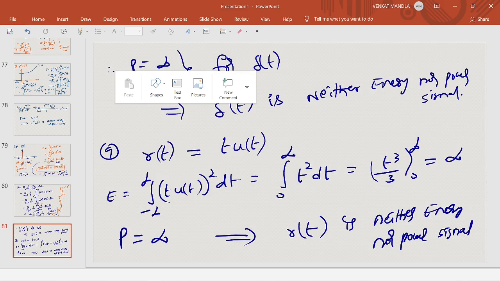I think I have discussed enough on energy and power signals. And this orthogonality condition I will discuss when I start the Fourier series.